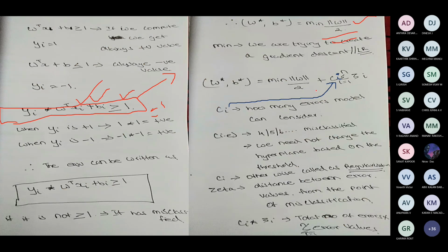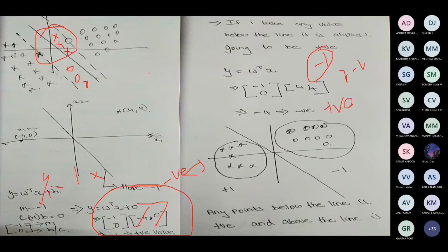So I can write the minimum of tau of w, the reciprocal of it, plus C into the sum over i of zeta i. So C means till how many errors I can go for misclassification; my model can also consider a few errors. For example, if my model accuracy is 90%, that is enough, so maximum errors of 3 misclassified is also fine on either side.